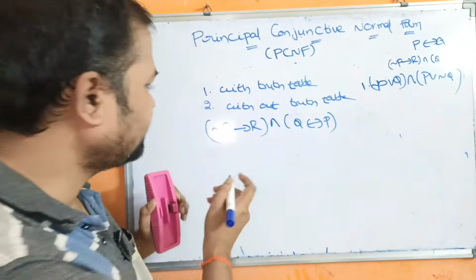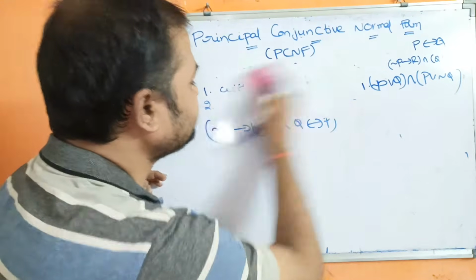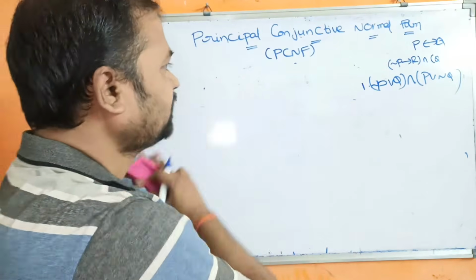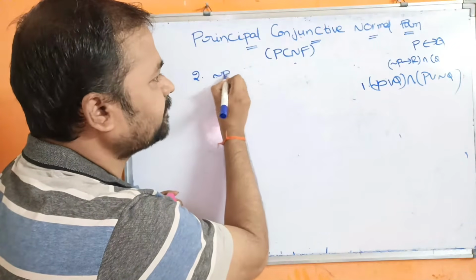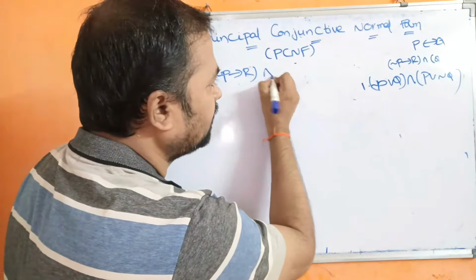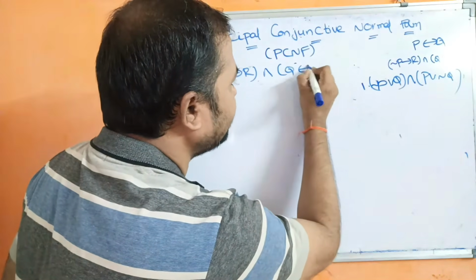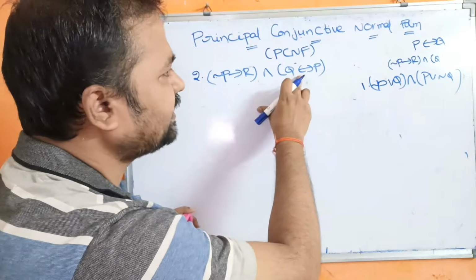So first let us note down those 8 combinations. For space constraints, let us eliminate this one.